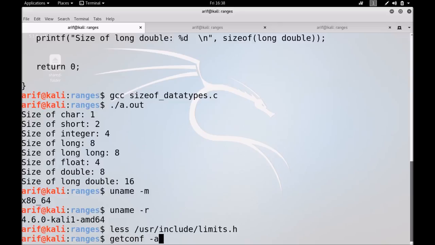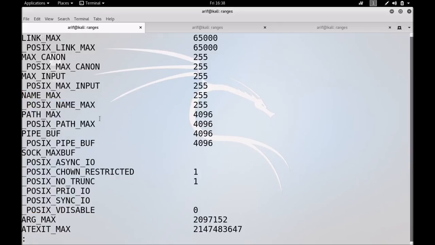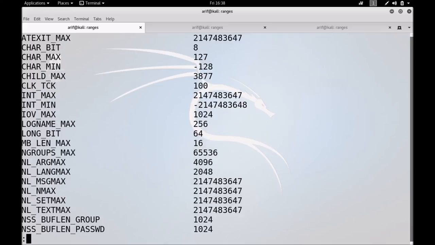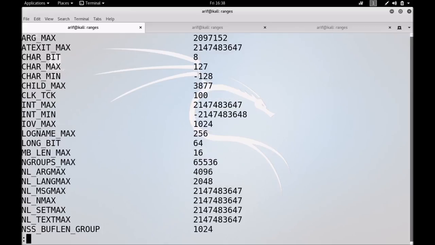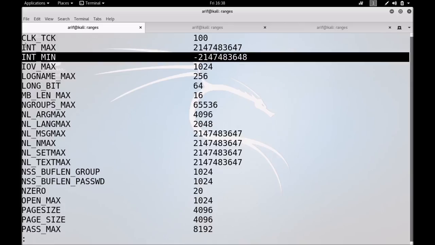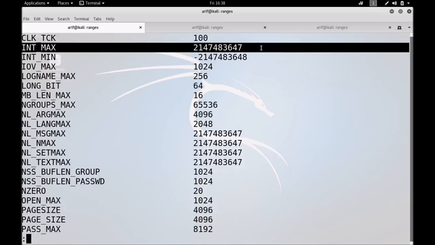The getconf command, let me pipe it to less, gives you the limits of a lot of parameters that we will be using later on. But right now you can see the long bit is 64. You can see the int min value is this and int max value is this.